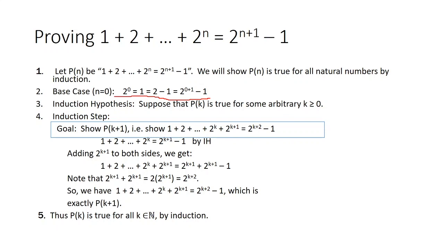That will be like this, and this is P of k. When we add 2 to the k plus 1 to both sides of P of k, that will be like this.